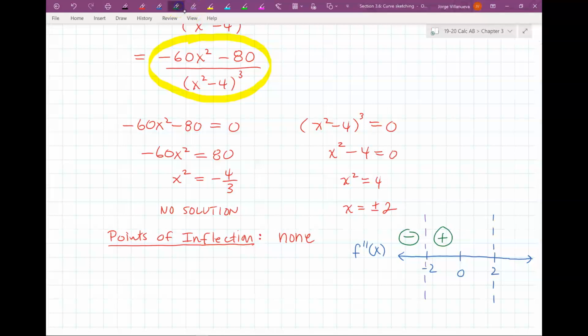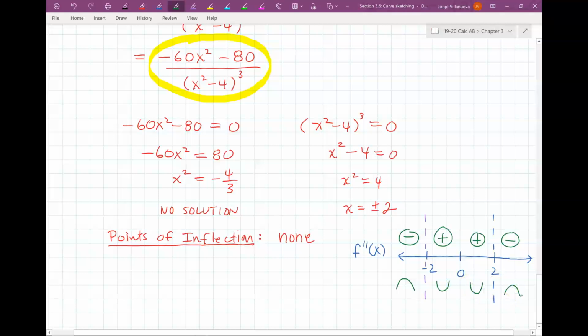All right, now if you plug in a 1, it's going to be positive. And if I plug in a 3, it's going to be negative. So that gives me concave down, up, up, and down.